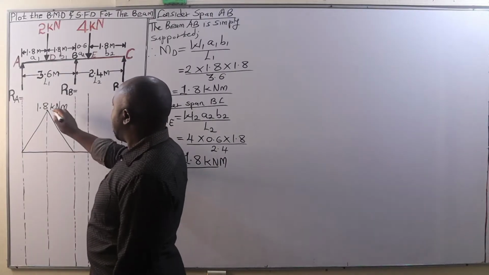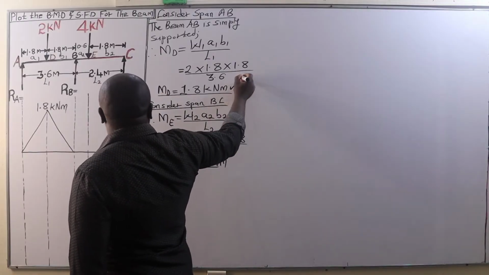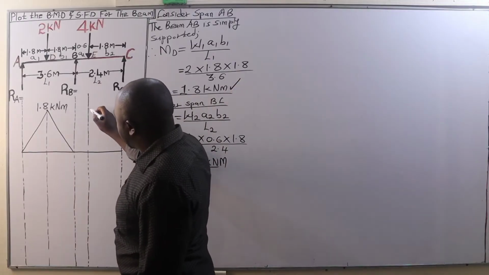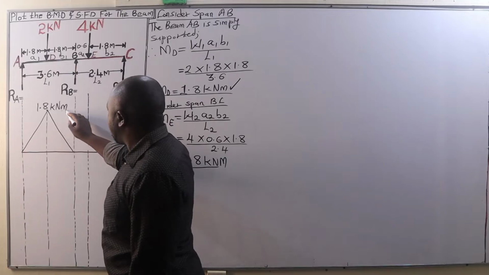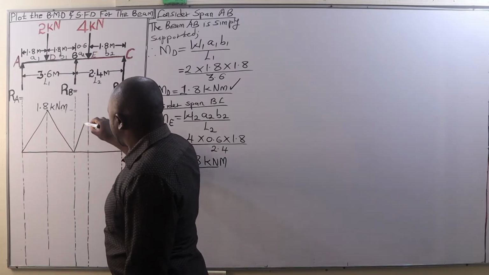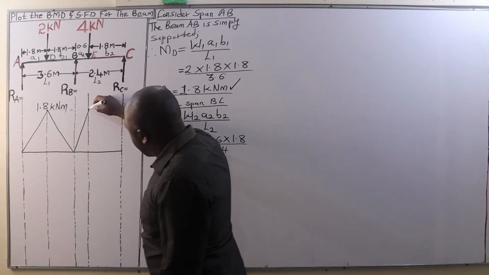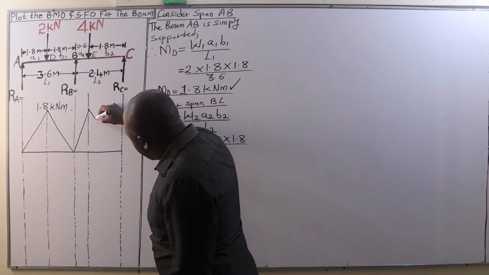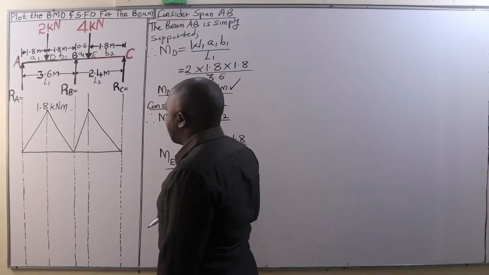That is the bending moment at D. Bending moment at E again, 1.8 kilonewton meters at this point. Therefore, we are going to join this one there, then drop it up to that point.